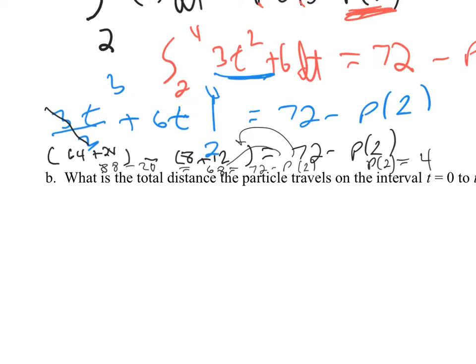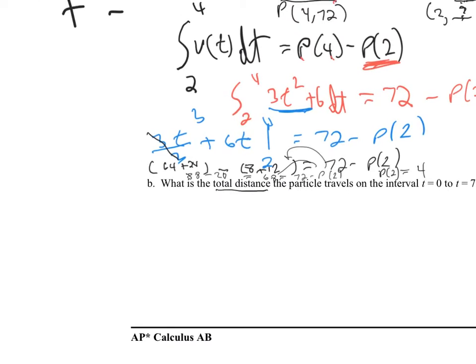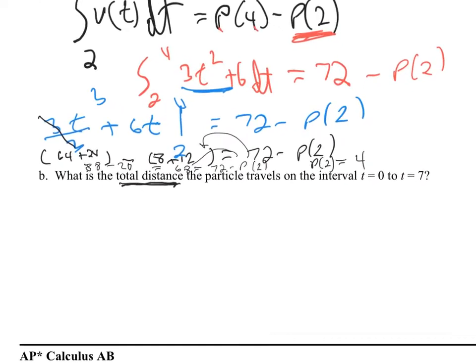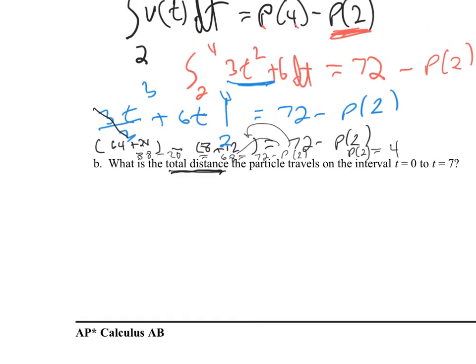Total distance of the same function. So that's your accumulating distance as you go. So he says I'm going from t is 0 to 7. When I integrate from 0 to 7 of v of t dt, I'd have to ask myself, do I need absolute value or not?